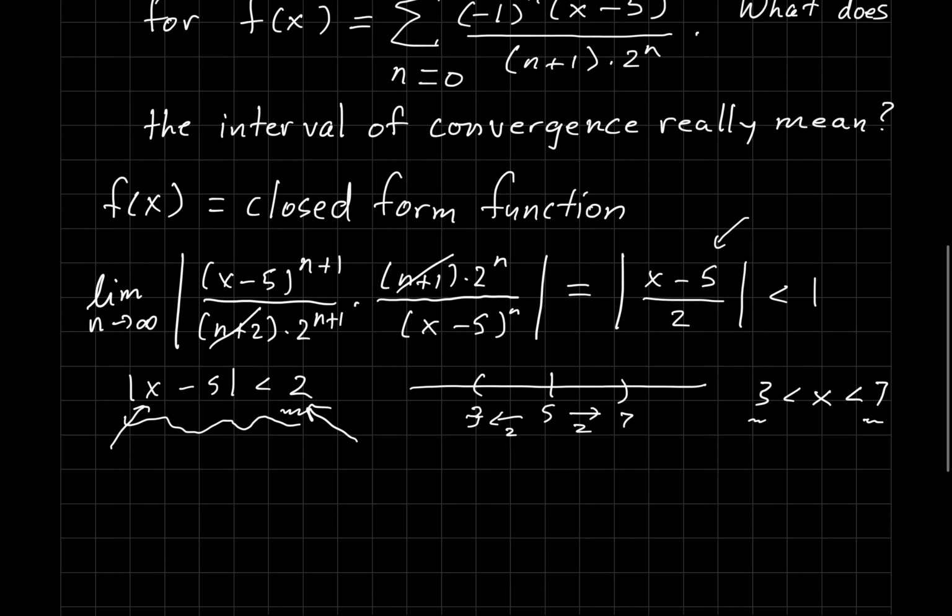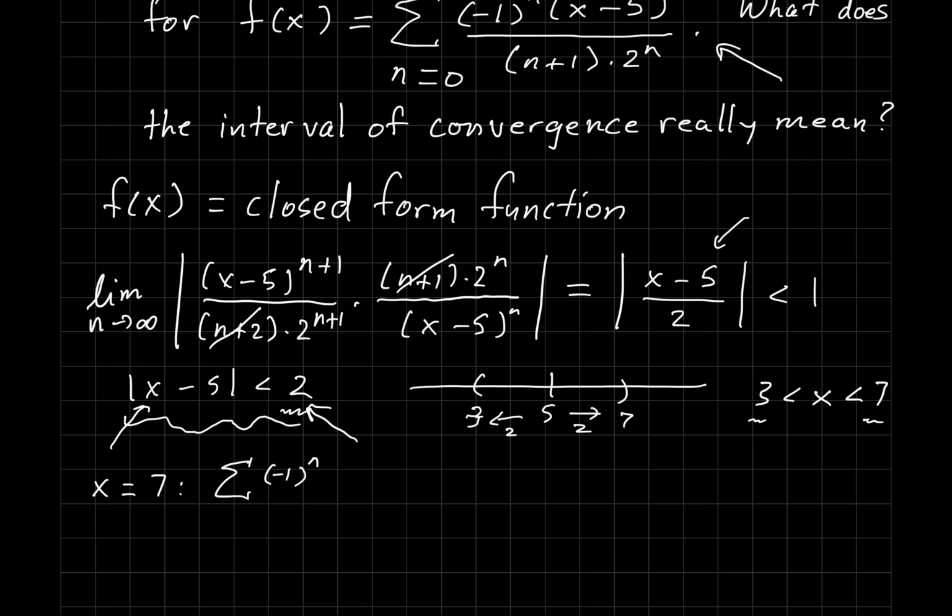It's pretty straightforward. All we need to do is put these values of x, the endpoints, into our series. Now the (-1)^n becomes very important when we're plugging back into the series with our endpoints. So I'll write (-1)^n.